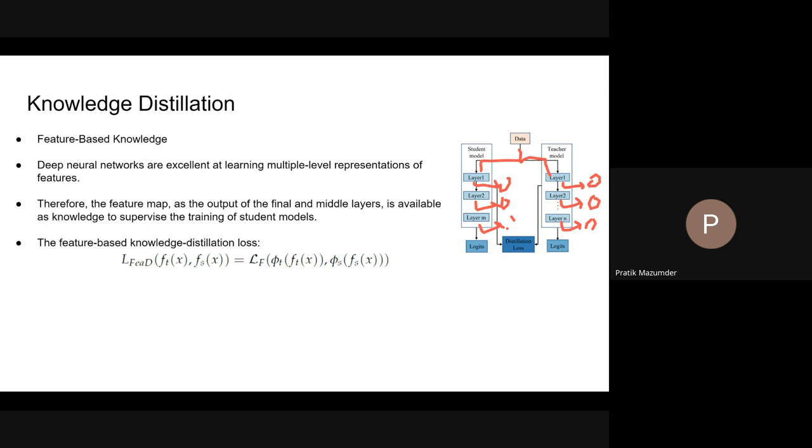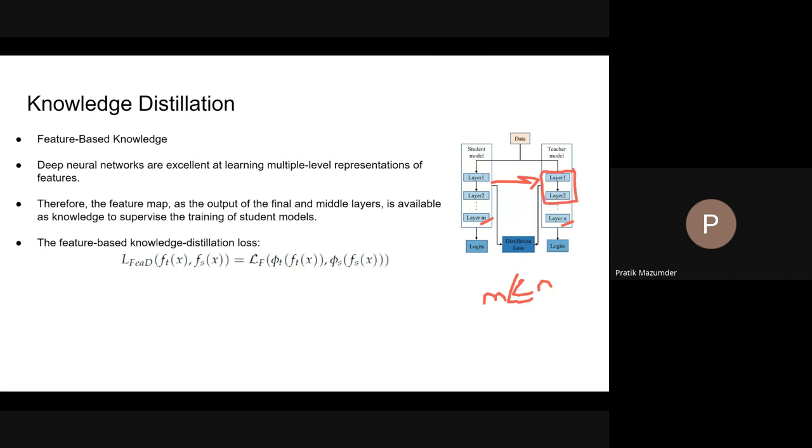Now mapping will be a difficult task because, as I already described, your student model is generally a smaller model. Say you have m and n layers, and m is significantly less than n. So you might not have a one-to-one correspondence between the features from these two levels. What you can do is club the outputs.